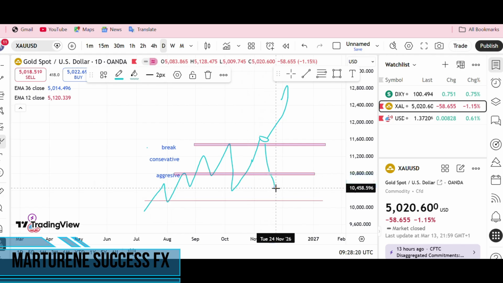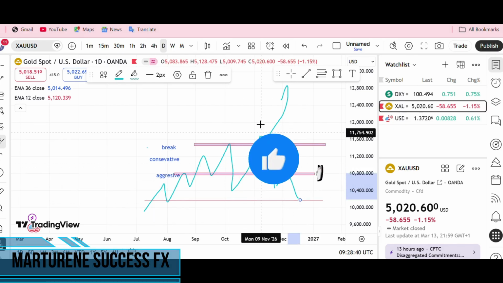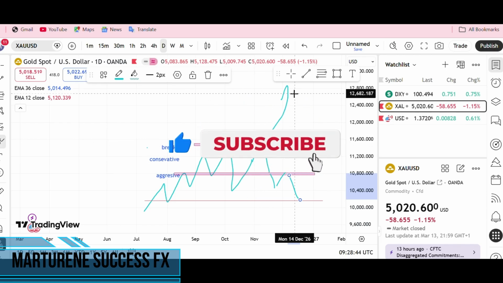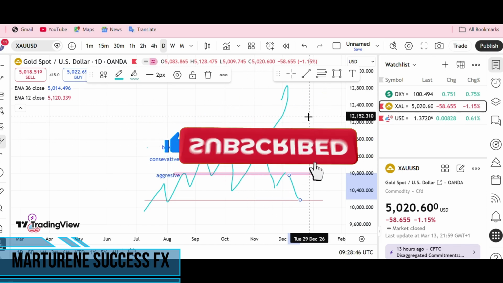You wait for a retest, and then when the market retests this support zone, which after the break is now acting as a resistance, you go for a sell. So this is the conservative method, and the one up here where immediately it breaks you enter for a buy is the aggressive method.